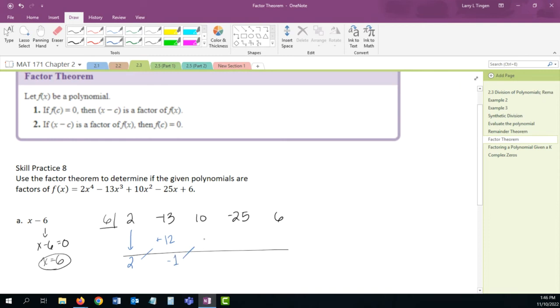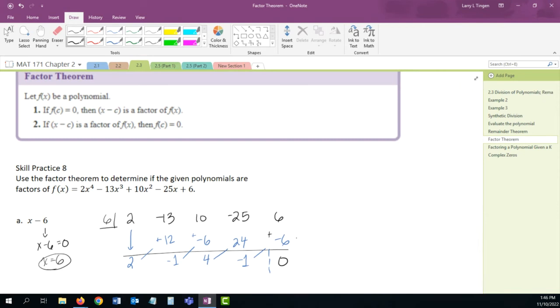Negative 1 times 6, negative 6. 10 plus negative 6 is 4. 4 times 6 is 24. Negative 25 plus 24 is negative 1. 6 times negative 1 is negative 6. 6 plus negative 6 is 0.